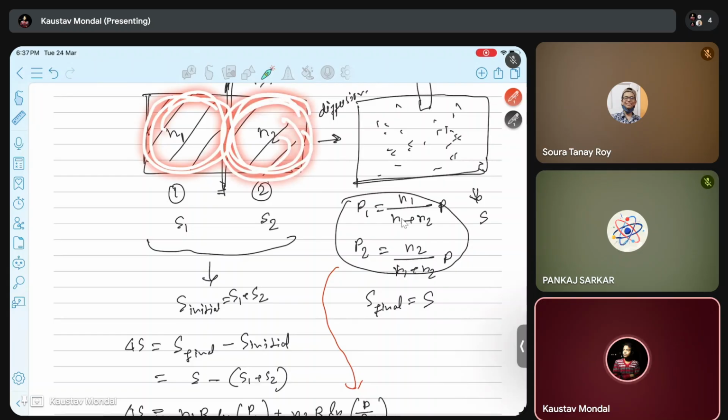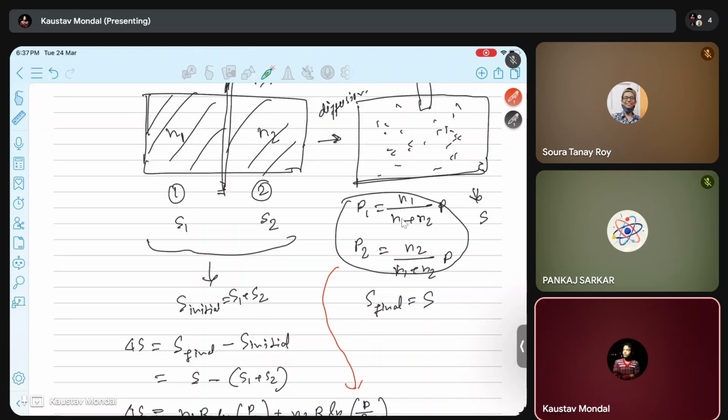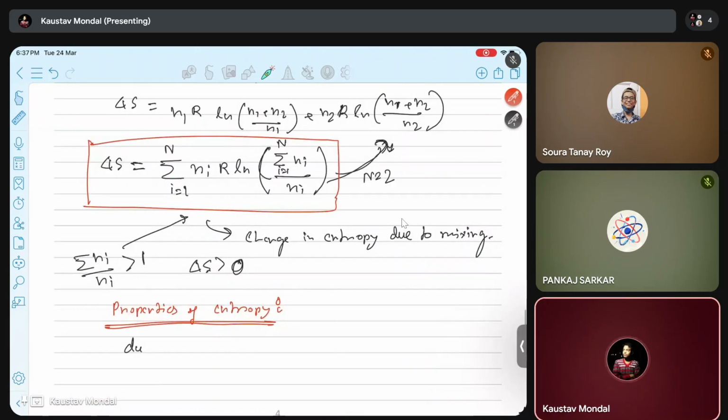Now when you mix, the confined volume increases. So each gas particle can access more volume compared to the initial state, which means the randomness of the gas particles increases. That is one reason why the entropy increases, so we can connect the randomness of the system to its entropy.